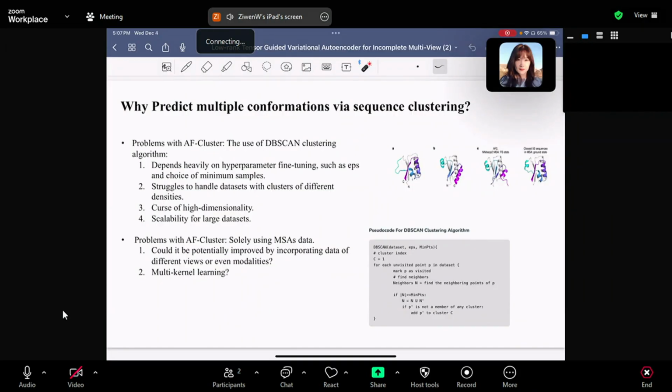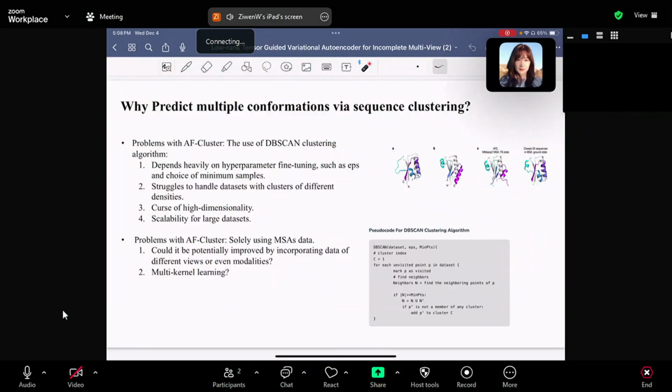So the problems with the AF cluster, I believe, are, first of all, the use of the DBSCAN clustering algorithm. It presents several challenges. It processes multiple sequence alignments by sequence similarity. While this algorithm is widely used and quite effective at solving density-based clustering problems, it is not considered a highly advanced clustering technique.